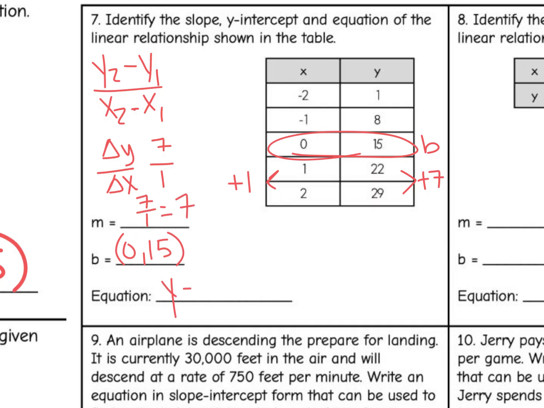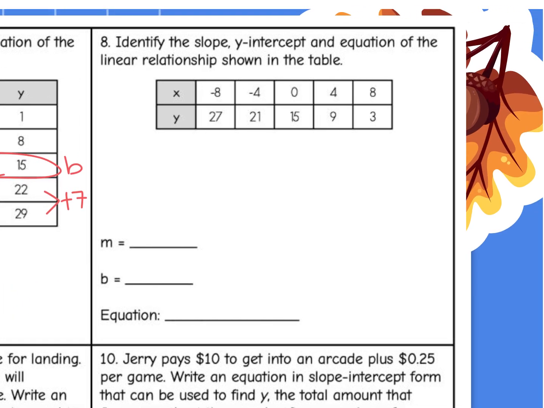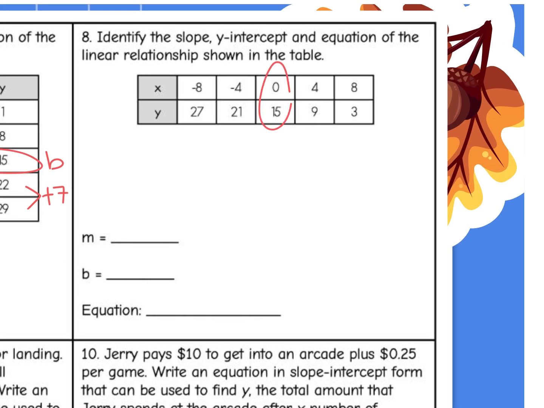So our equation is y equals 7x, and then our b was plus 15. There's my 0. This is my b. Happens to be 15 again.